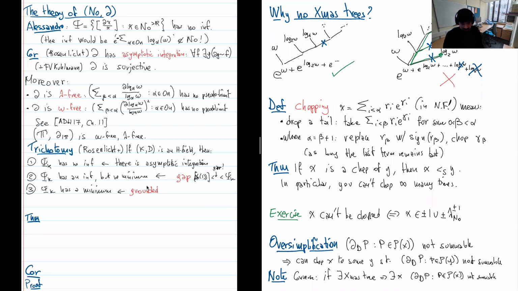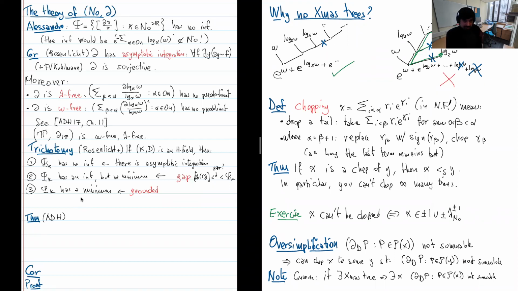But this is also nice because it is a bit better than the case where you have a gap. And now, why do we care about this? Well, these grounded fields play a nice role in understanding transseries and Surreal numbers.